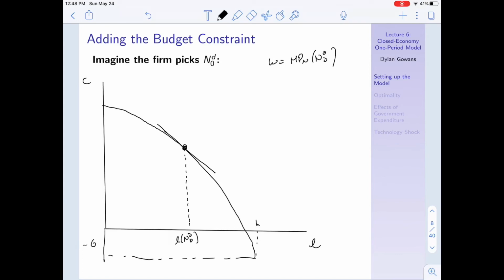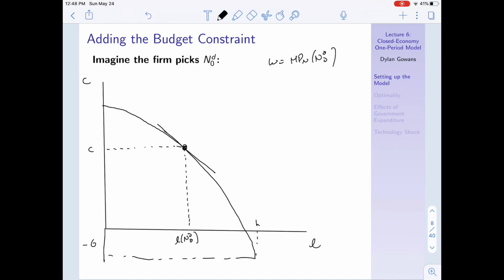And now looking at that wage, the consumer can construct its budget constraint, right? If it works ND0 as the firm expects it to, then it will get paid the wage equal to that slope, and it will be able to consume this much.